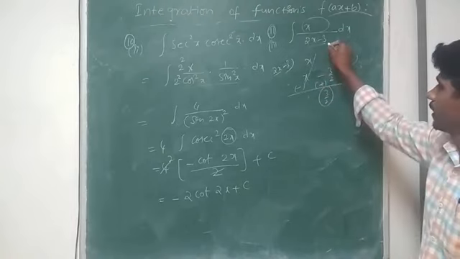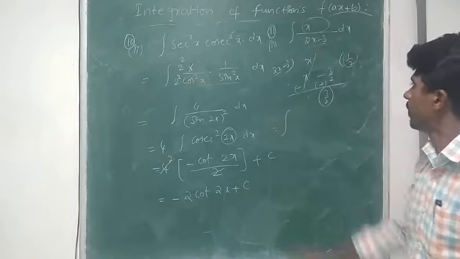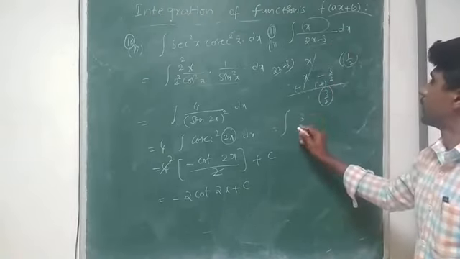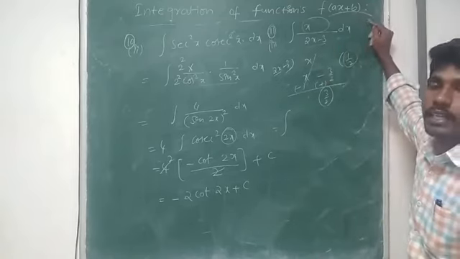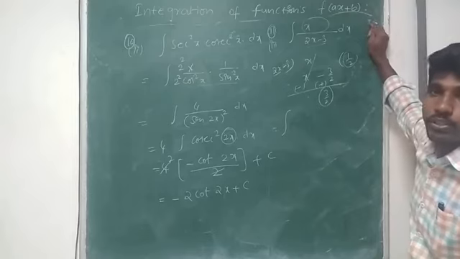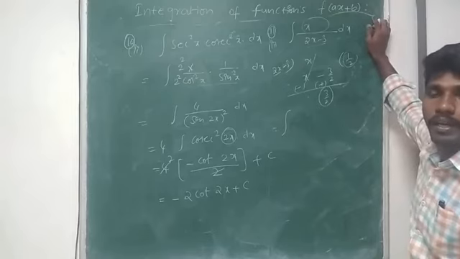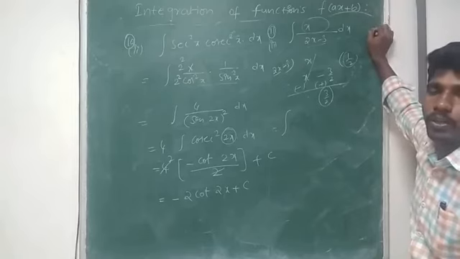So the given thing is reduced in the form, because f of x by g of x can be written as quotient plus remainder by divisor. So what we are using? Dividend.